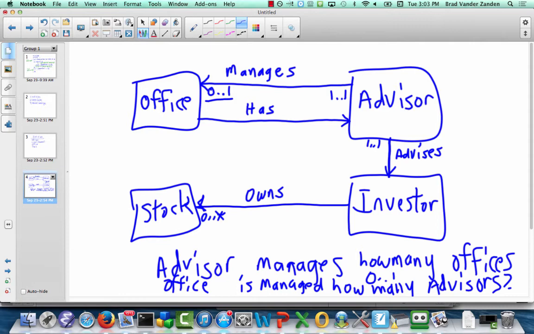Okay, so that takes care of C. The rest of the information in C gives you attributes for an investor.